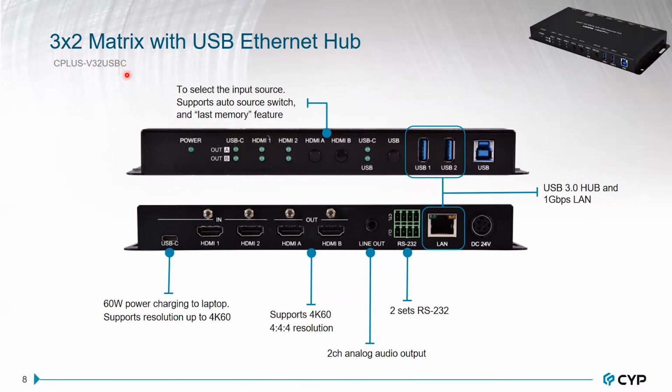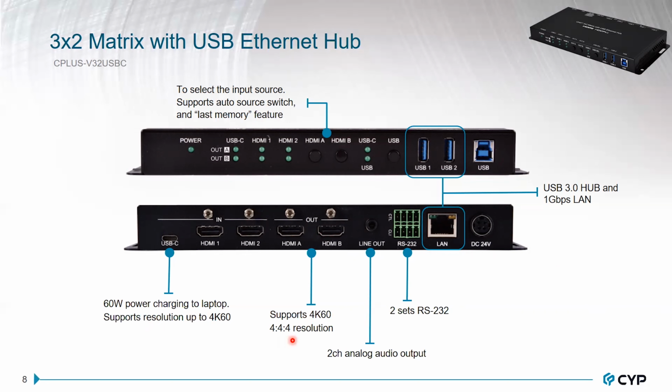C+ with 3-2 USB-C is the 3-to-2 matrix with USB Ethernet hub. It supports auto source switch and also the last memory. The audio and video signals can be transmitted through the USB-C interface. Besides, it supports 60-watt power charging to the laptop, resolution up to 4K 60, and USB-C docking.